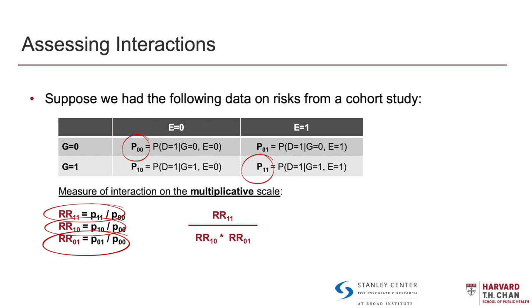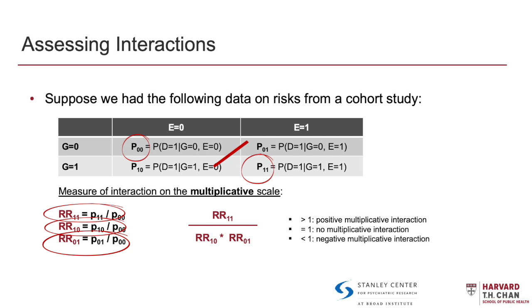So on a multiplicative scale, we would take the ratio of the joint exposure when E is equal to 1 and G is equal to 1, and divide that by the cross product of the individual risk factors. And we would take that value and look at the number.